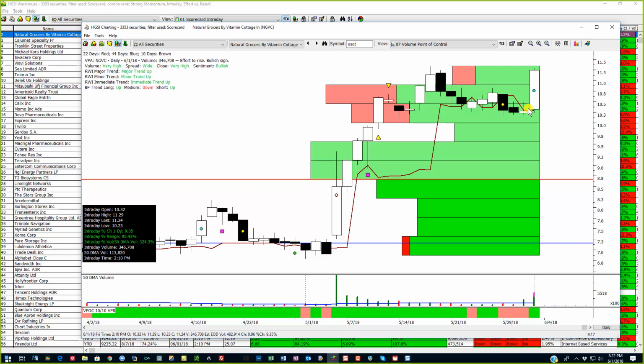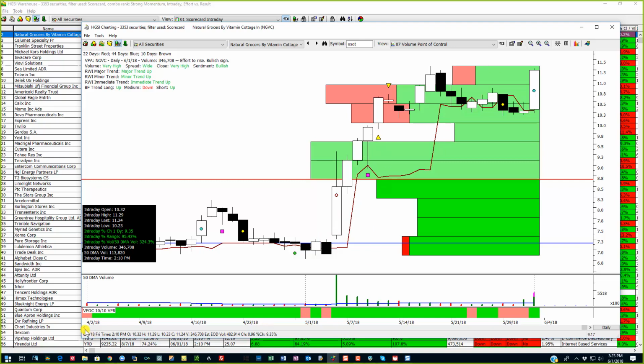Still says 210. Okay. The blue line, Gary, represents 44 days, 2 months. Up here at the top, look up at the top. That is the volume point of control for 2 months. You can see it consolidated down here and then started moving up.